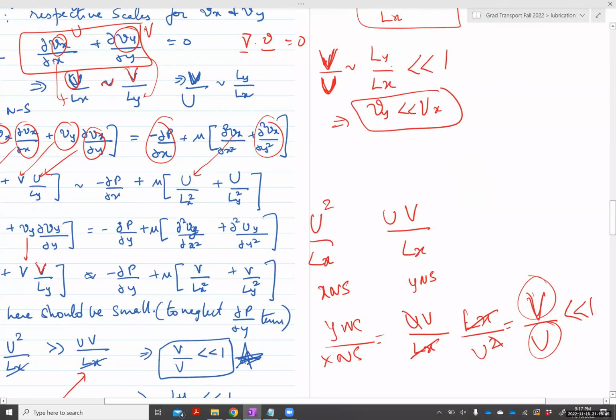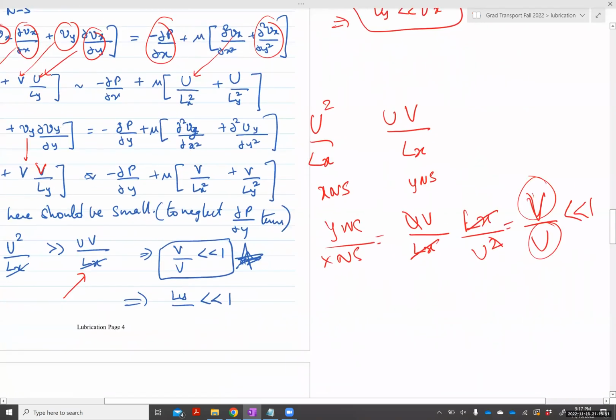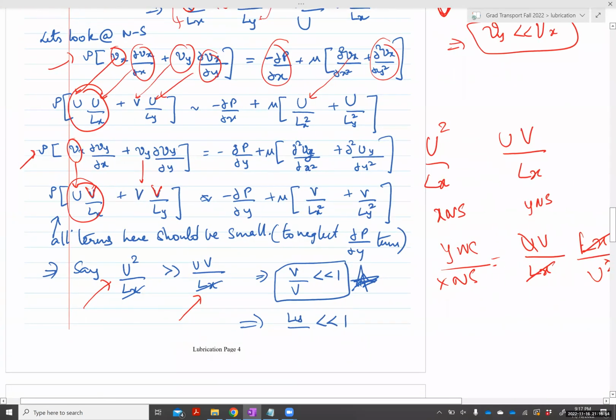Why? Because Ly over Lx is much less than 1. So this term in the y Navier-Stokes, UV over Lx, is much smaller than U squared over Lx. You can similarly show that for other terms as well.